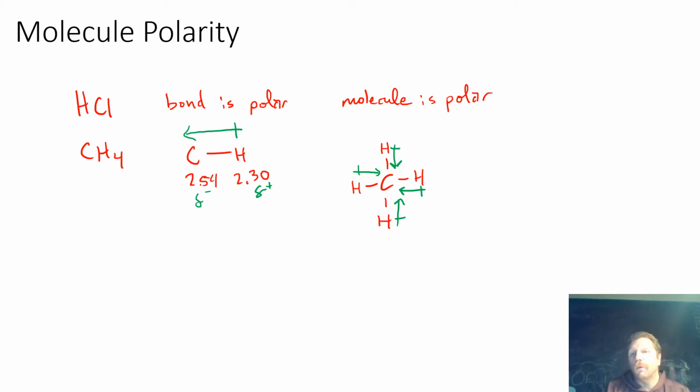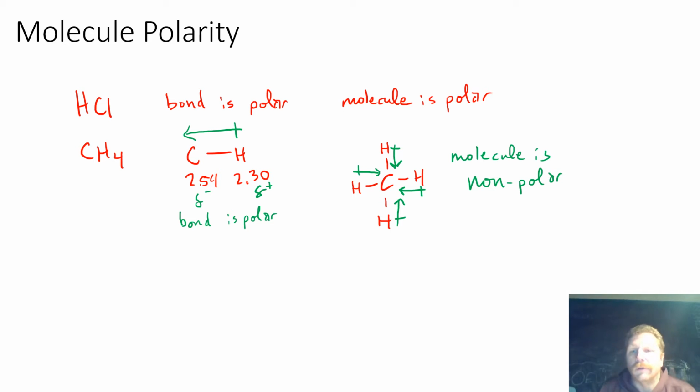So we have 4 bonds, and where are they all going? They're all going in the same direction. So it's safe to say that this is a bond which is polar, because we have an electronegativity difference, but this molecule is nonpolar.